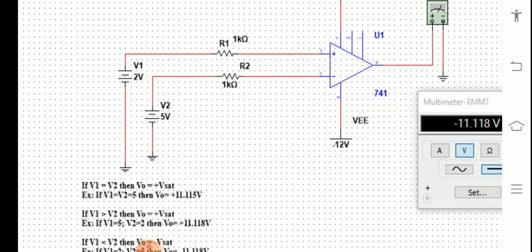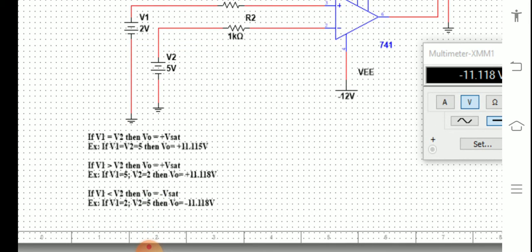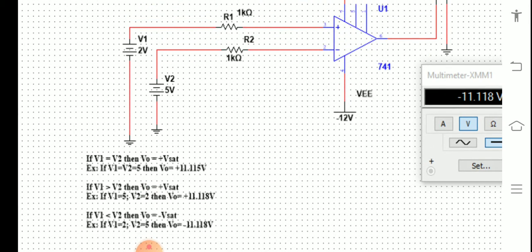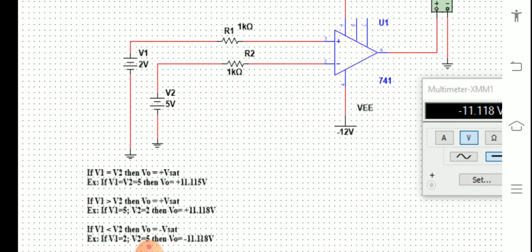First let me consider the condition. Your output will be obtained in 3 cases for your comparator. Your output will be equal to plus V saturation.